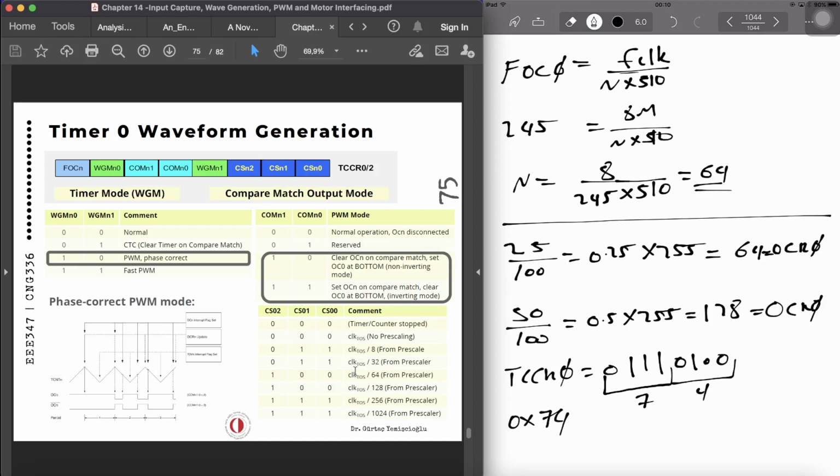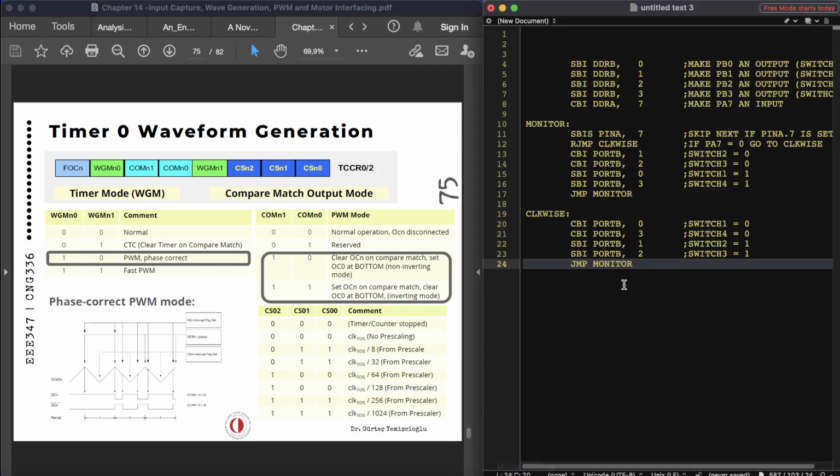So as we have got all the information required, the only thing that we need to do now is program it. At this point, let's write the code for it.